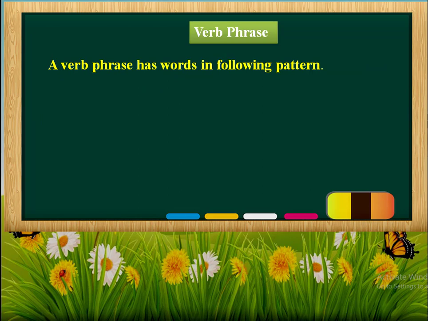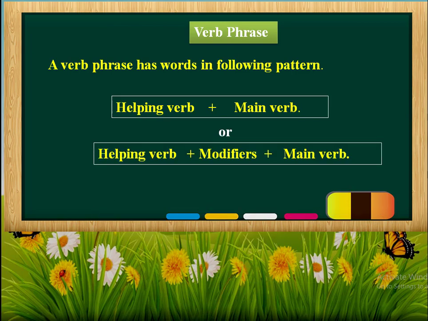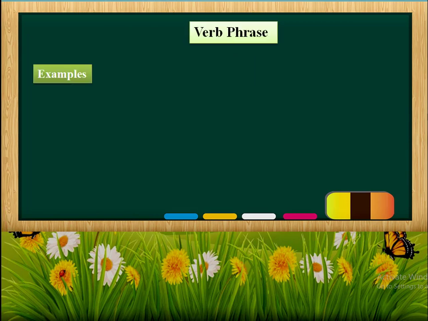A verb phrase has words in the following pattern: helping verb plus main verb, or helping verb plus modifiers plus main verb. For example, I am studying.